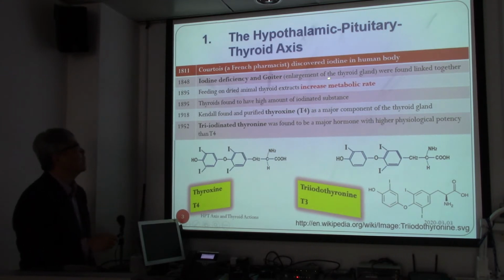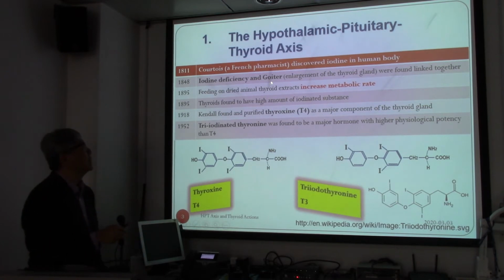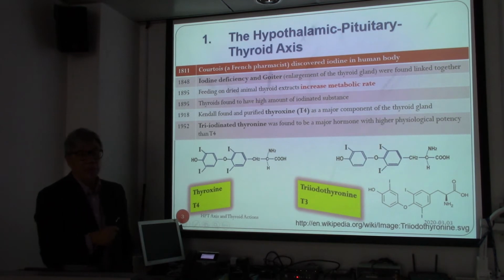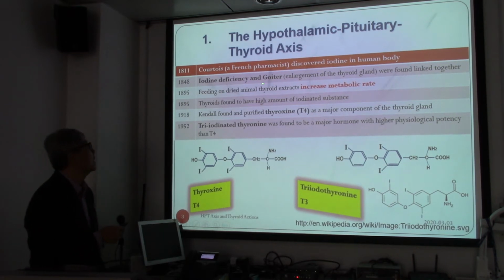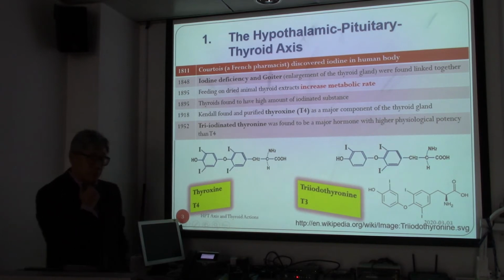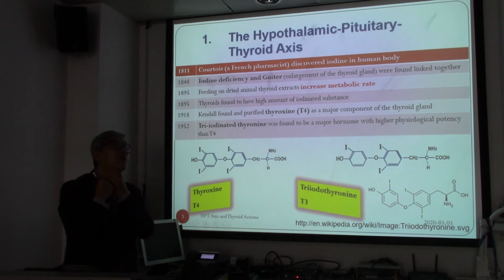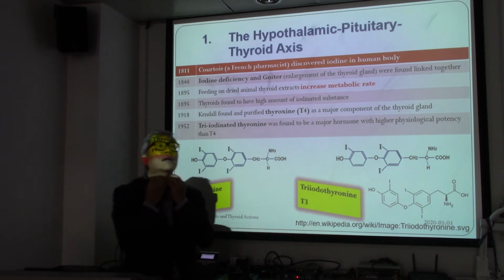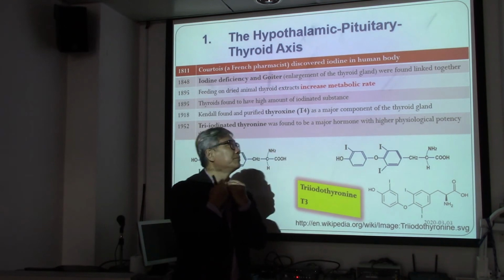So the enlargement of the thyroid gland is known as goiter, and there were also many malnutrition cases relating to iodine deficiency. So in those animals that we fed dried animal thyroid extracts, the metabolic rate increased. The thyroid gland could easily be identified, like in the human body we have the thyroid gland right in our necks.